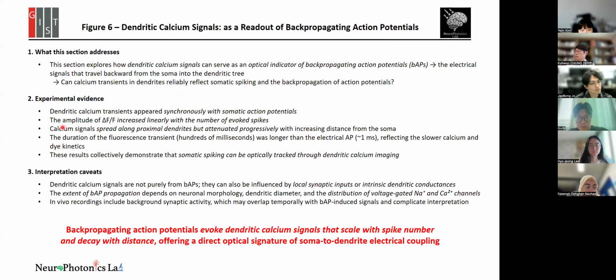So this section explores how dendritic calcium signals can serve as an optical indicator of backpropagating action potentials, the electrical signals that travel backward from the soma into the dendritic tree. And by this experimental evidence, we can conclude backpropagating action potentials evoke dendritic calcium signals that scale with spike number and decay with distance, offering a direct optical signature of soma to dendrite electric coupling.